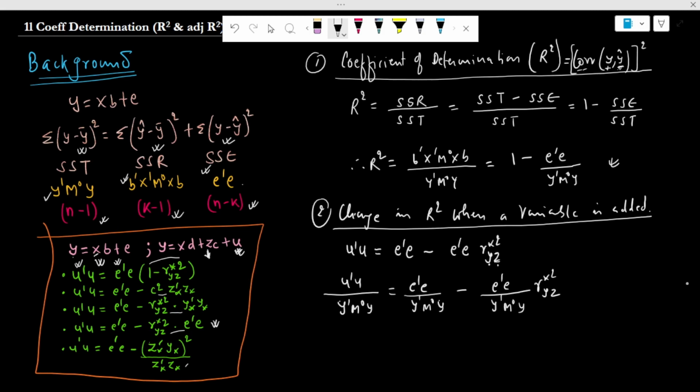From this relationship, the coefficient of determination is equal to 1 minus the sum of the square of the residual divided by the sum of the square of the deviation from the mean of the dependent variable. So this should be equal to 1 minus R square when we add an additional variable z, 1 minus the coefficient of determination when the independent variables are X and z.